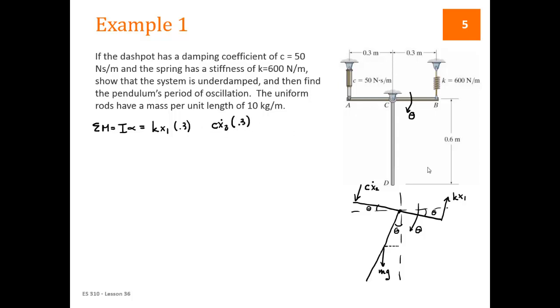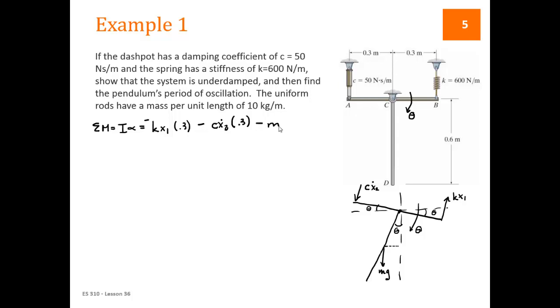If we look at directions, if theta is the positive direction, then kx is going to cause it to go the other direction, cx is going to cause it to go the other direction, mg is also going to cause it to go the other direction. So if theta is drawn in the positive direction here, these are all negative.